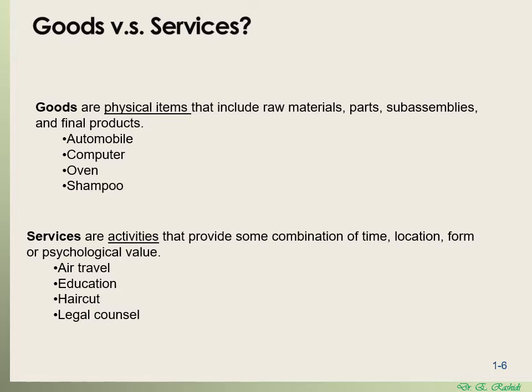On the other hand, services are activities that provide some combination of time, location, or some sort of psychological or emotional values, such as air travel, education, haircut, or legal counsel.